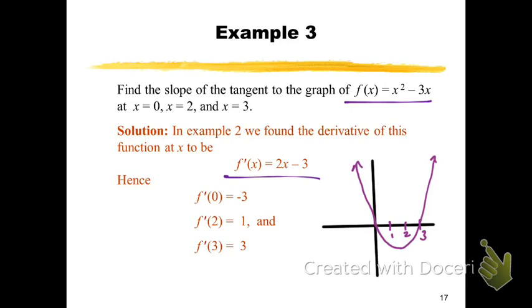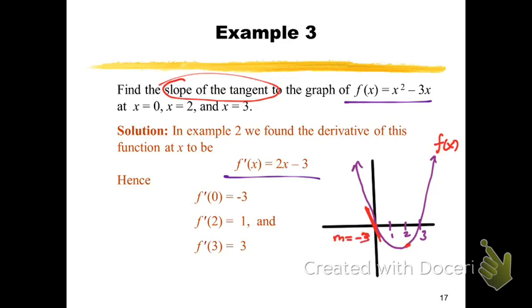Let's see what this looks like as a function. So I've graphed the function f of x is equal to x squared minus 3x. Keep in mind that the derivative gives us the slope of the tangent line at a particular x. So at x equal to 0, this is the tangent line, and that slope we see is negative 3.